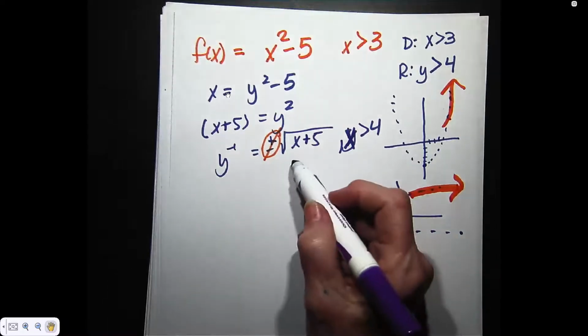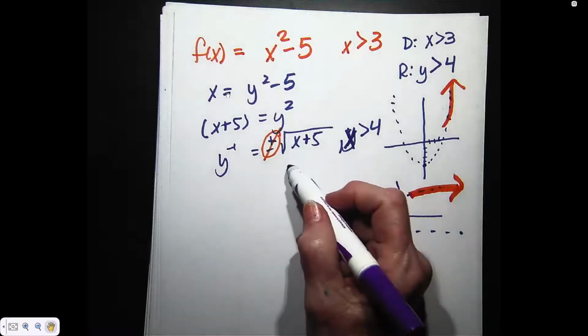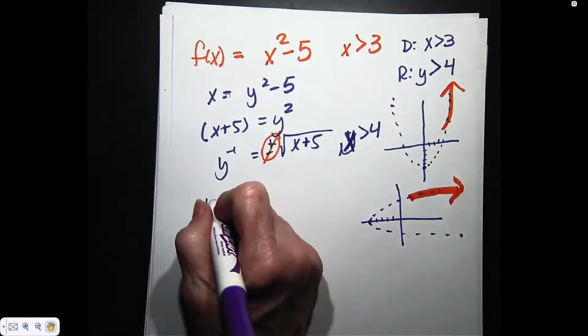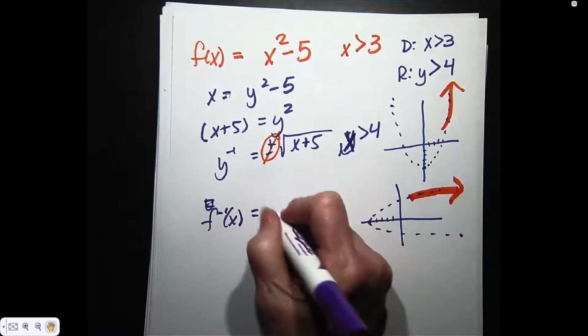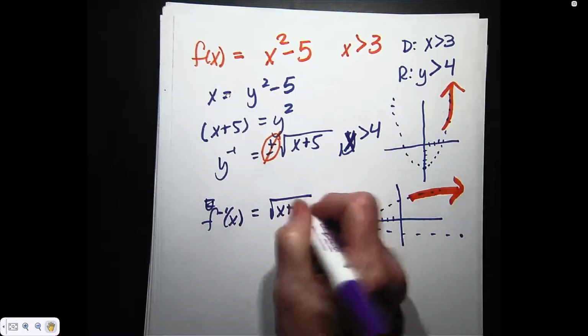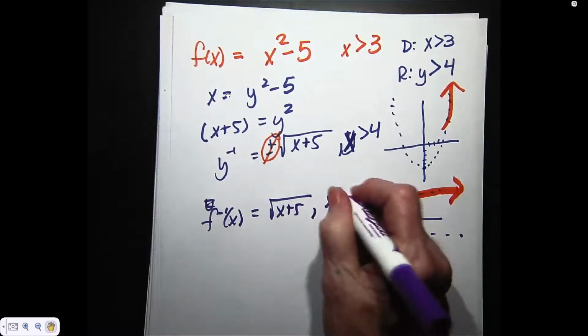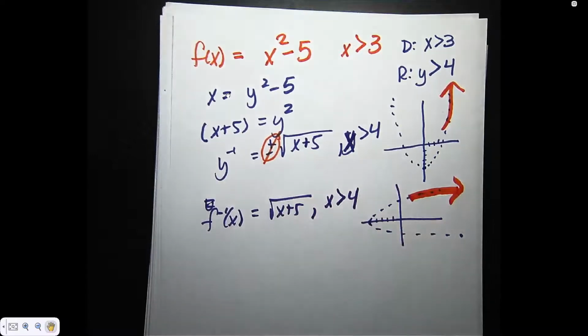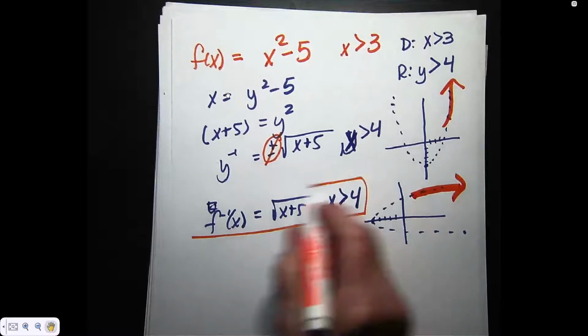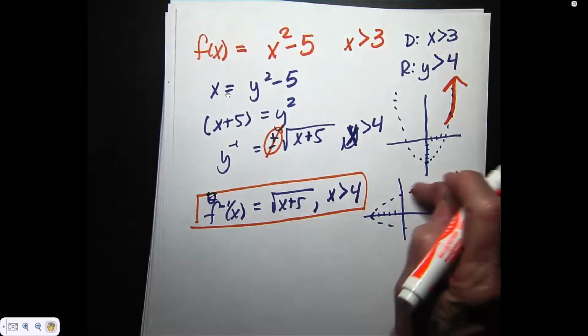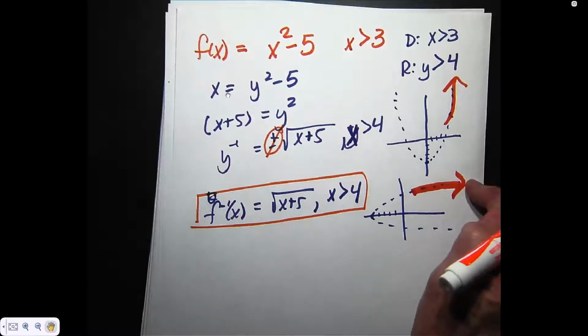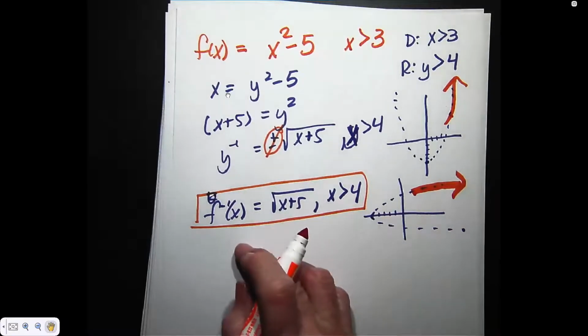I need to choose which one of those it might be. So I can say f inverse of x is equal to the square root of x plus 5 for x is greater than 4. That would be the inverse answer that I need. I need the part that comes up here, where y is greater than 4, not the one that comes down here.